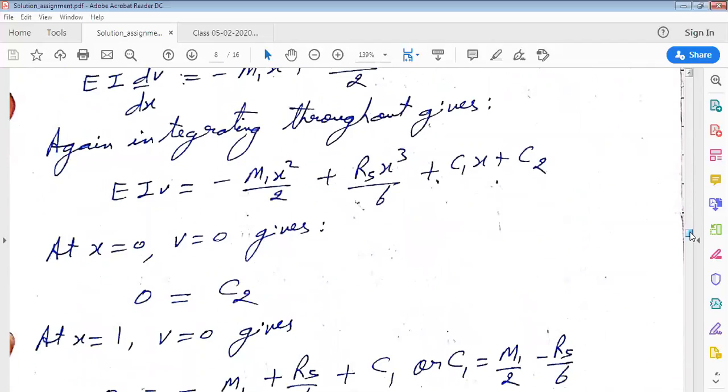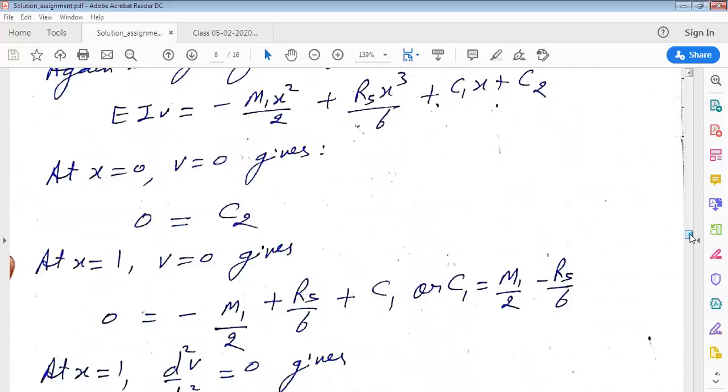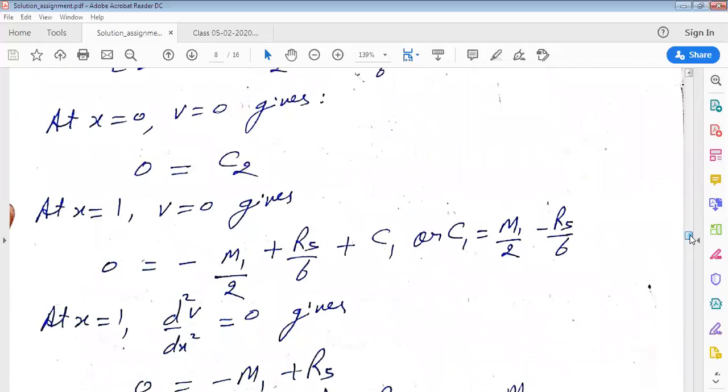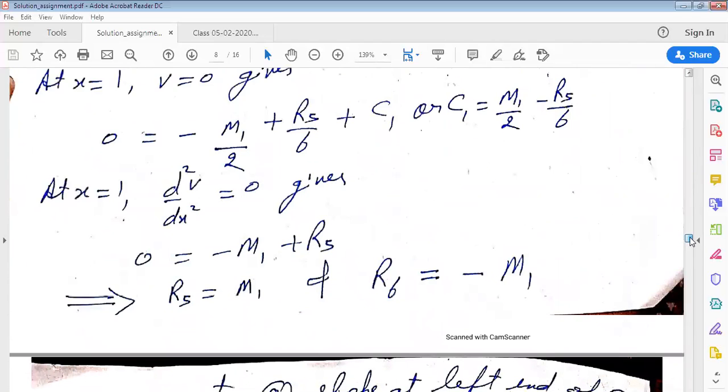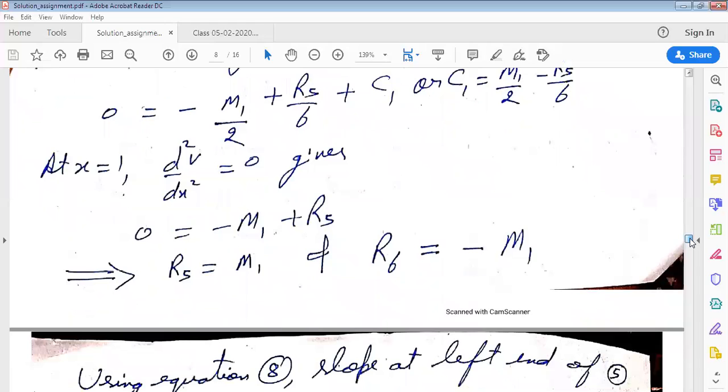And if we apply the boundary conditions, at x equal to 0, v equal to 0 gives C2 equal to 0. And at x equal to l, v equal to 0 gives C1 equal to M1 by 2 minus R5 by 6. And at x equal to l, d square v by dx square equal to 0 gives R5 equal to M1 and R6 equal to minus M1.